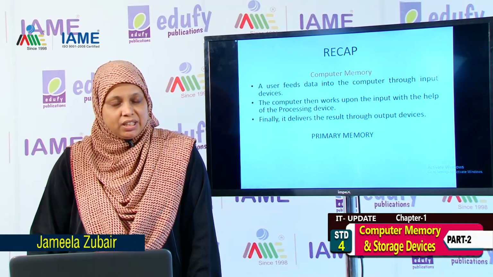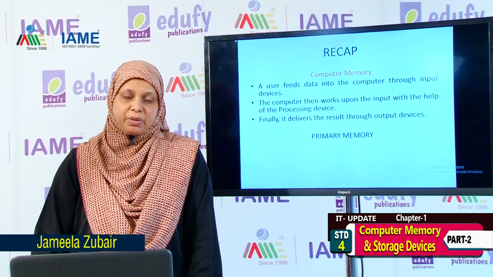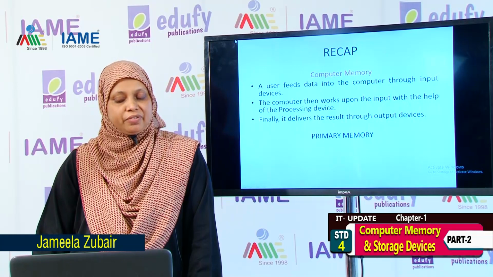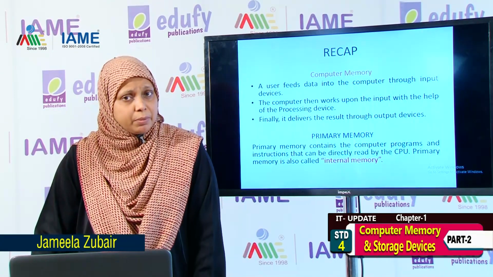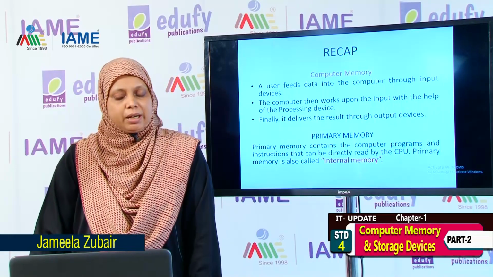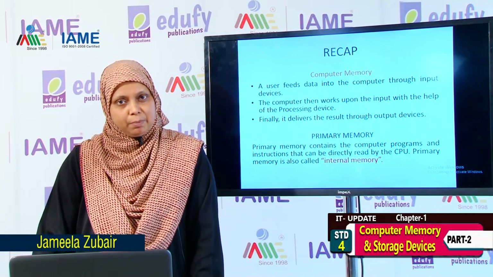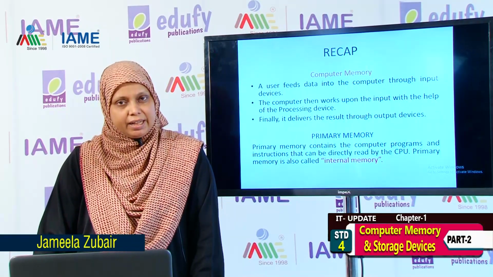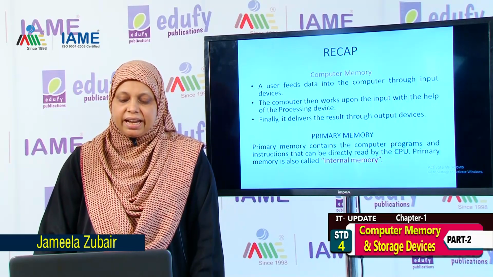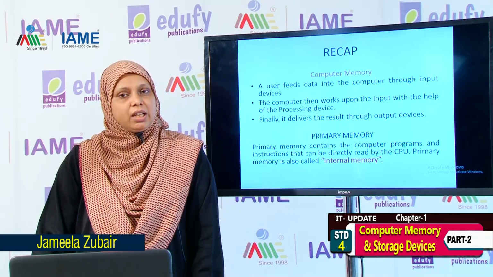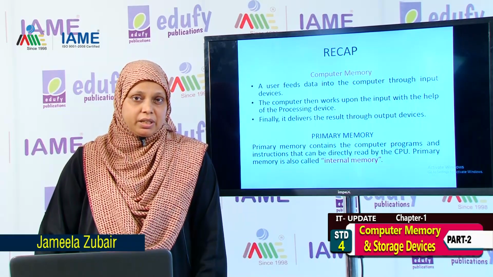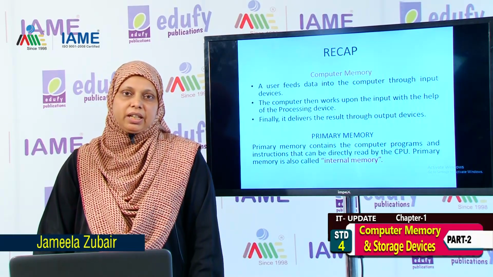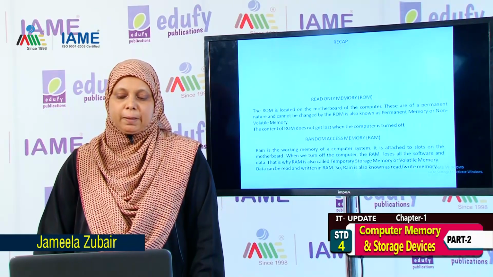Now, again we studied the different types of computer memory. First, primary memory. What do you mean by primary memory? Primary memory contains the computer programs and instructions that are read directly by the CPU. What is the other name for primary memory? It is also called the internal memory.